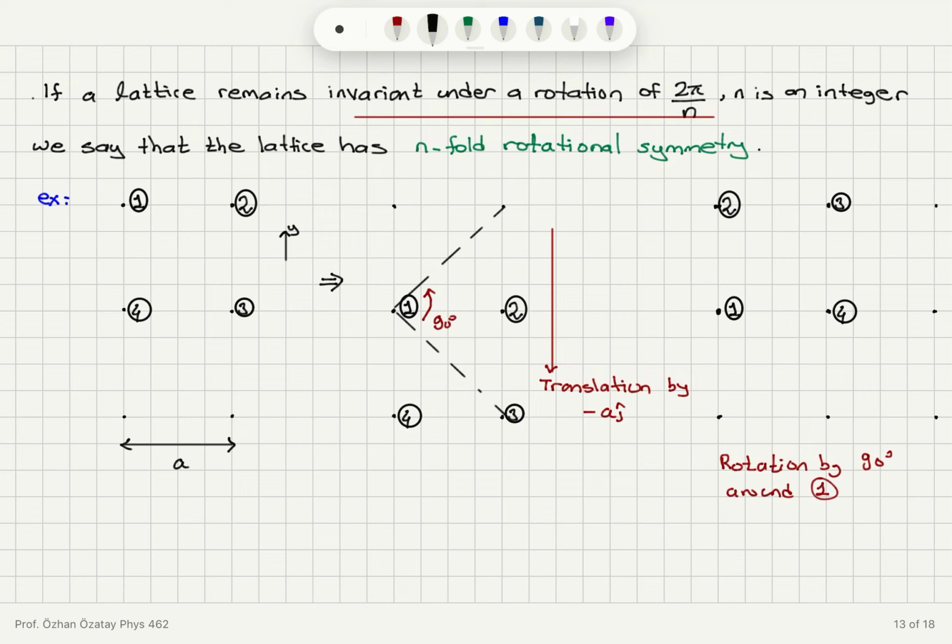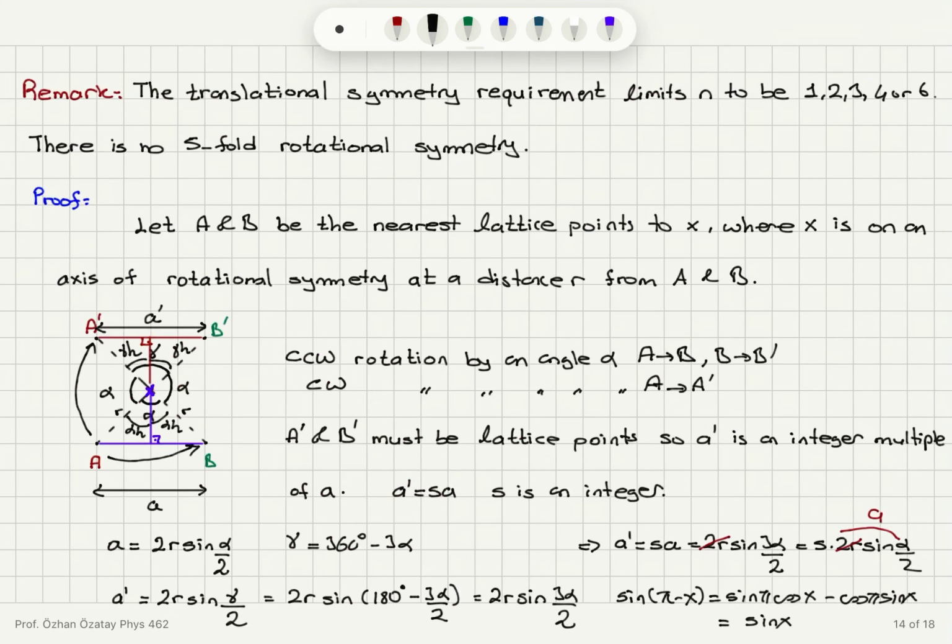And then I have performed a rotation of 90 degrees about an axis that goes through point 1, perpendicular to the plane, and basically that is going to map, here I demonstrate 3 from the bottom right corner to the top right corner, and 2 will be translated to the top left corner, etc. So this is basically again a point operation that is a combination of translation and rotation.